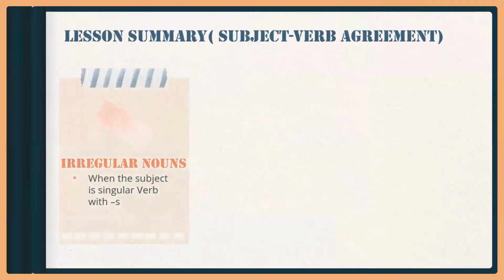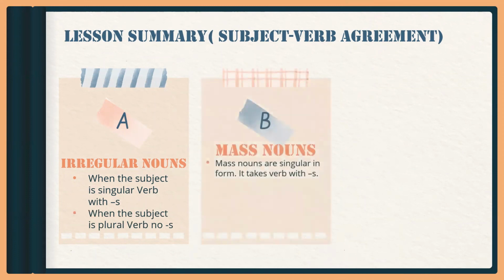We also discussed the subject-verb agreement rules. So when you're using irregular nouns, remember when the subject is singular, verb with s. But when the subject is plural, verb no s. Mass nouns are always singular, so we use verb with s. However, when we use counters, we can now use either singular verb with s or plural verb without s.